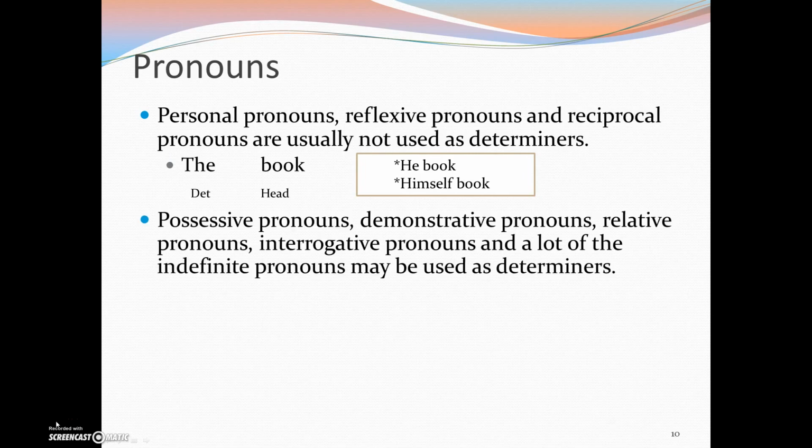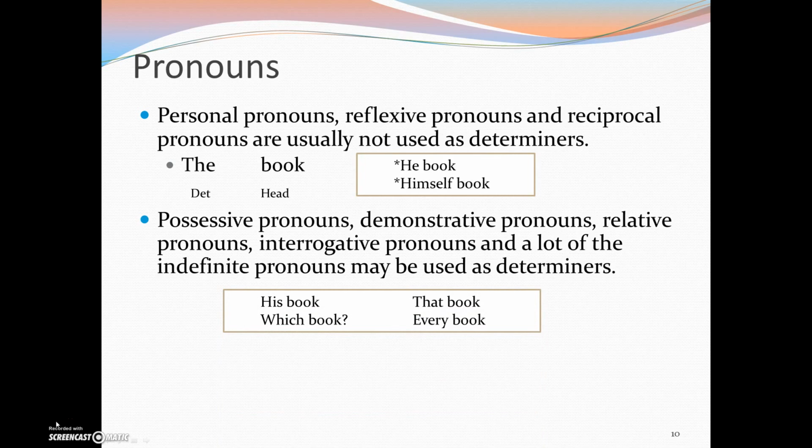However, possessive pronouns, demonstratives, relative pronouns, interrogatives, they can often be used as determiners. So we can say his book, right? This is a possessive pronoun. Or that book, this is a demonstrative pronoun. Every book, indefinite pronoun. So we can see that these pronouns may function as determiners in the noun phrase.